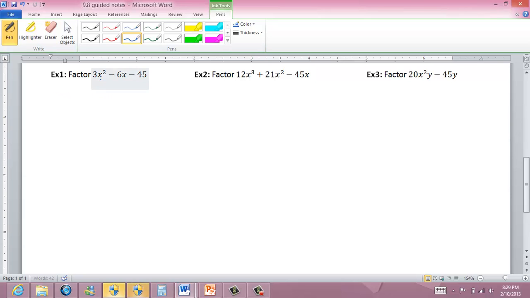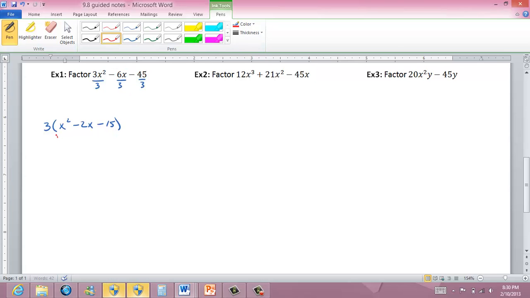Looking at the first example here, if I look at these three terms, 3x squared minus 6x minus 45, I notice 3, 6, and 45, the largest number of the GCF that can go into it is 3. Now, when I factor out this greatest common factor of 3, I'm left with x squared minus 2x minus 15.